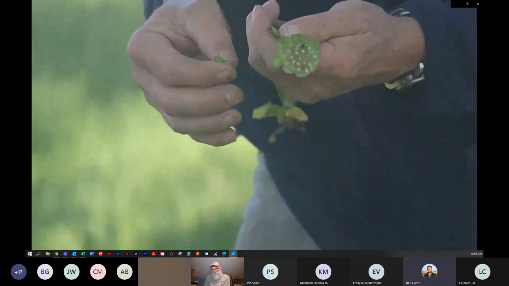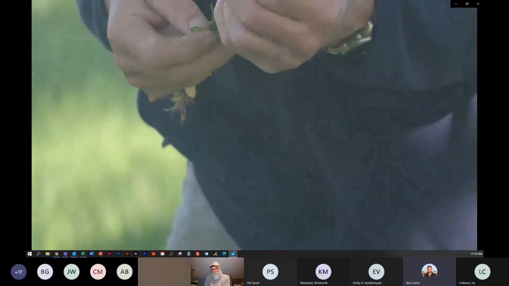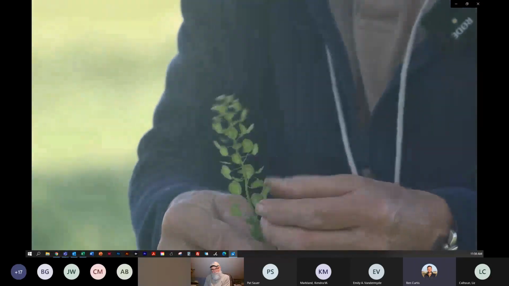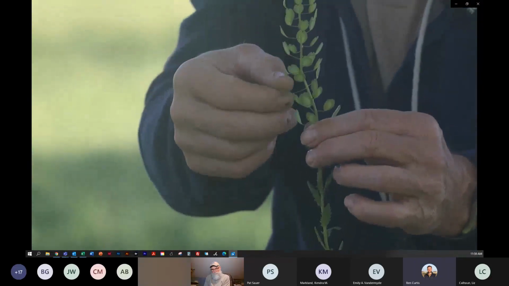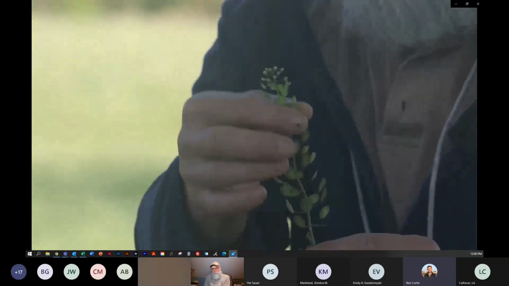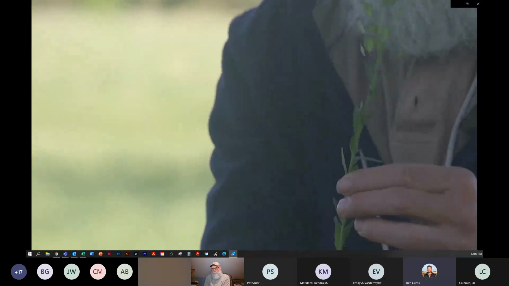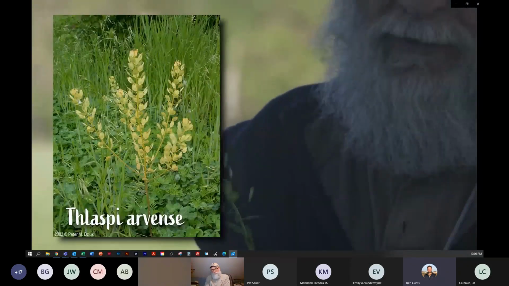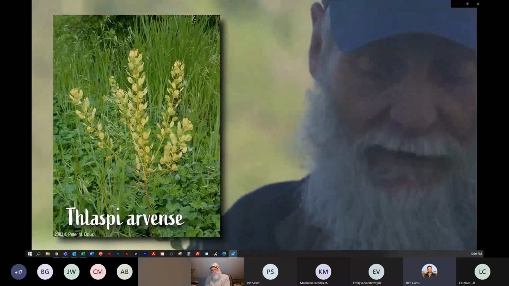The fruits here are just a little bit longer than they are wide. And that's just the distinctive size of them, the way that they are attached to the stem here. This is all characteristic of pennycress. The leaves, again, are sessile.